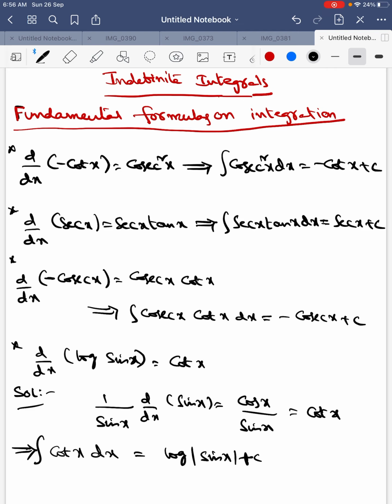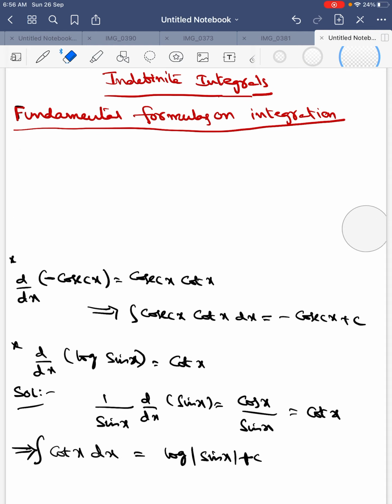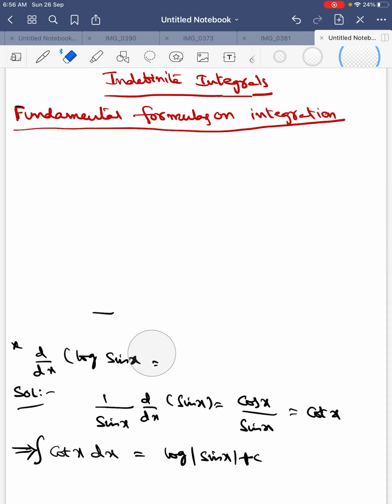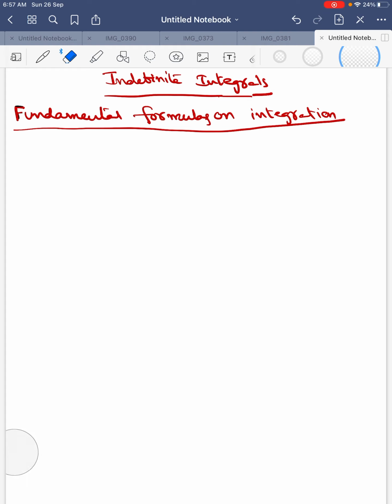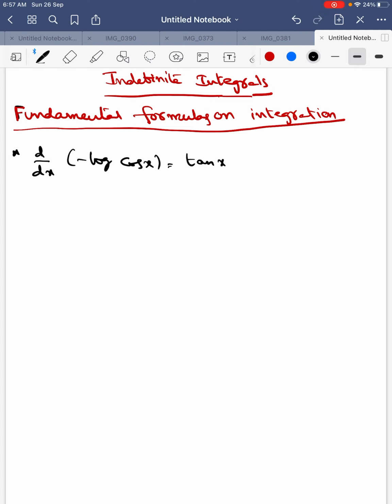Next form. D by dx of minus log mod cos x is equal to tan x. The solution: minus 1 by cos x. Why?